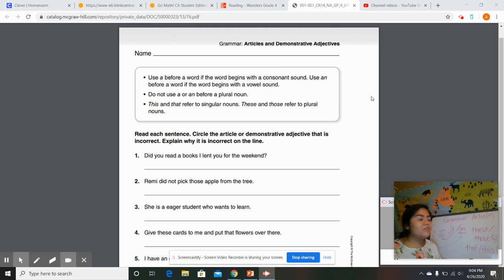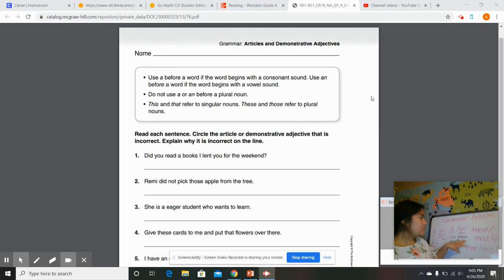Next, now there's a special rule for these two. They cannot be used for plural nouns. So no plural nouns. Now remember, plural means more than one. So I couldn't say, look, it's a bears, right? Because bears is plural.